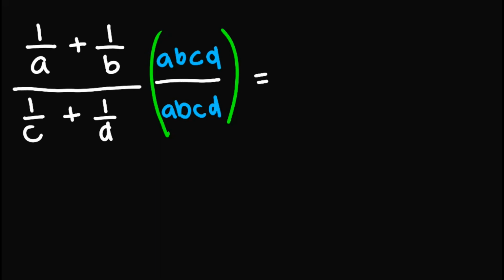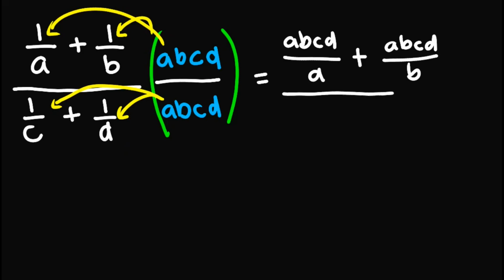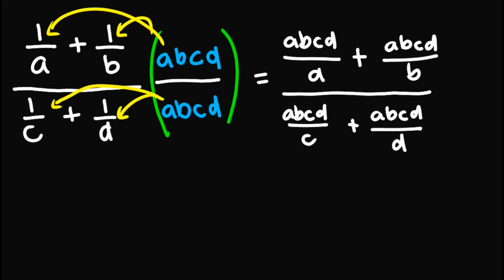Upon multiplication, we distribute this one out here, and this one, this one, and this one. We'll obtain abcd over a plus abcd over b all over abcd over c plus abcd over d. And from here, we just simplify.